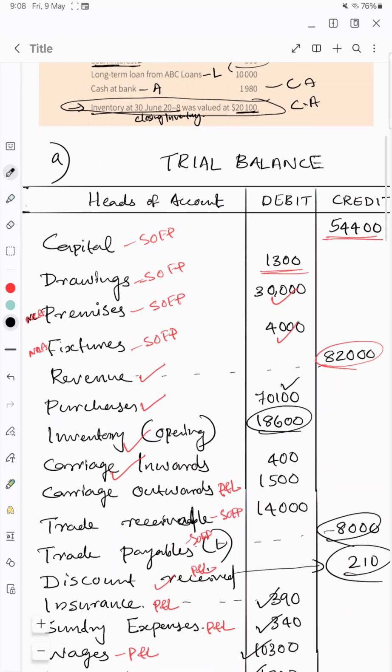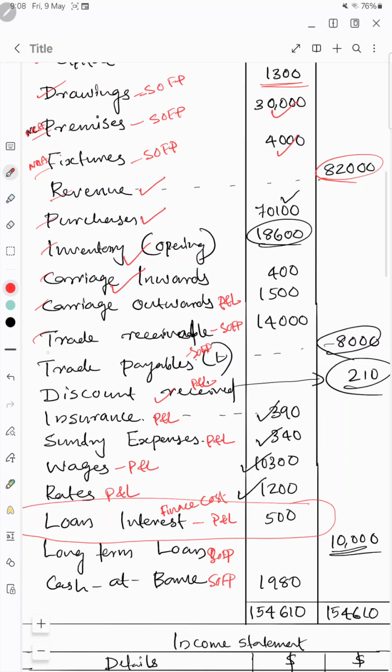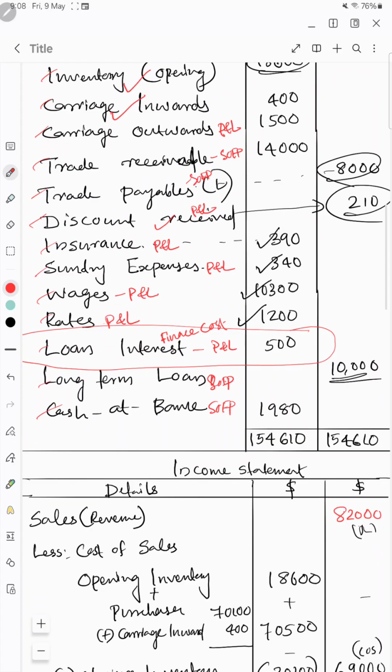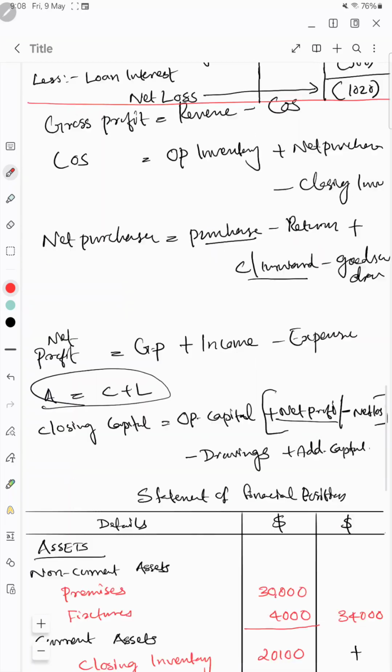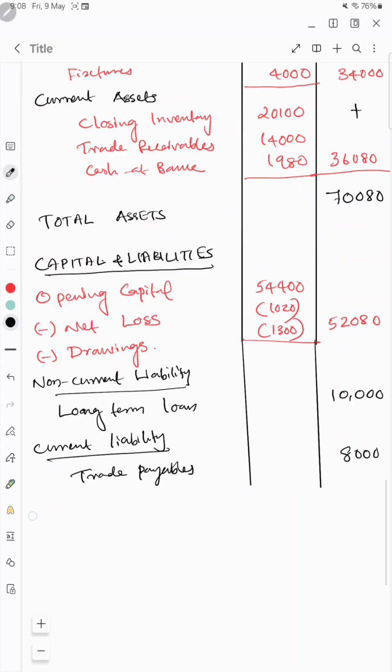Now check your trial balance whether we took all items or not. Capital, drawings, premises, fixtures, revenues, purchases, inventory, carriage inward and outwards, trade receivable, trade payables, discount received, insurance, sundry expenses, wages, rates, loan interest, long-term loan and cash at bank. Now check both sides here.